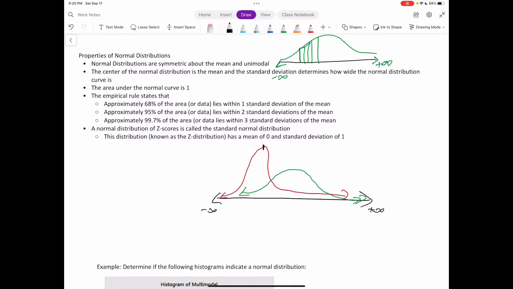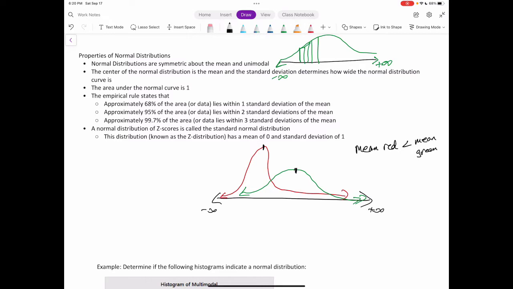Go to the peak, that's the center of your distribution. That's the mean. So as we look at these, since the mean of the red curve is farther left on that number line, that means that the mean of the red curve is smaller. So the mean of the red curve is less than the mean of the green curve because its center, where it lies on that number line, is farther to the left on that number line.